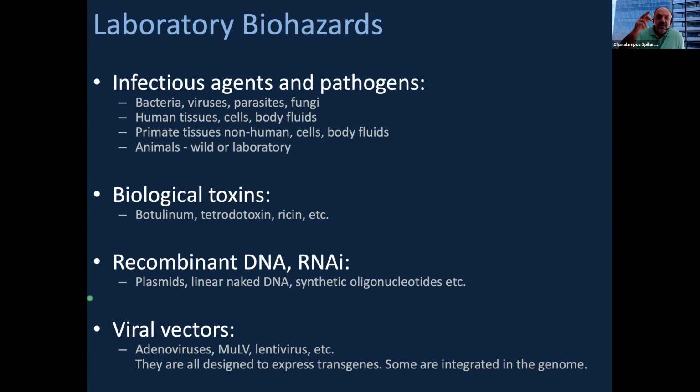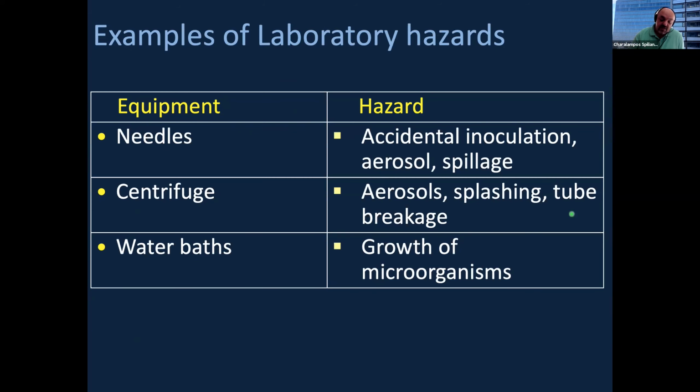So all these are actually potential biohazardous materials, and for all these we have to follow certain measures to protect ourselves and the laboratories. The equipment that could potentially be hazardous to ourselves are needles, centrifuges, and water baths. Water baths, because at a certain temperature the microorganisms could grow.